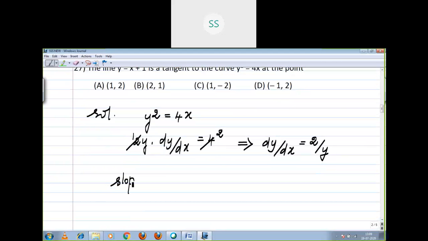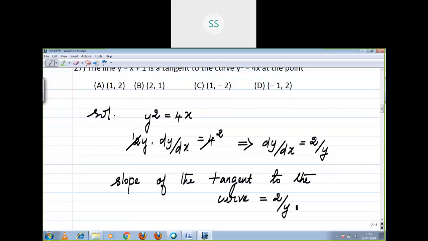Slope of the tangent to the curve is equal to 2 by y. Here the line equation is given to you: y is equal to x plus 1.